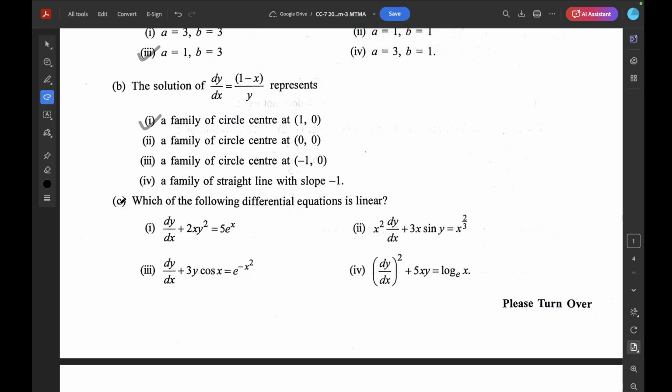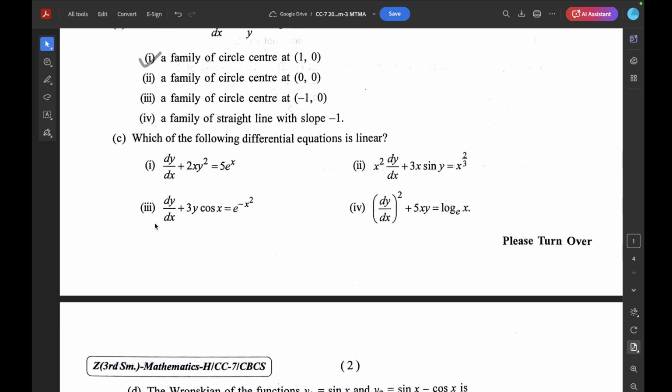Next question 1c. Which of the following differential equations is linear? Here y is the dependent variable, the unknown function, and x is the independent variable, and linear means linear in terms of the unknown function y.